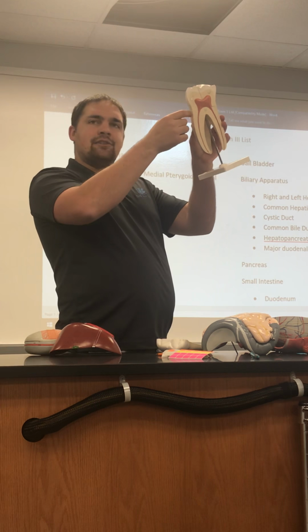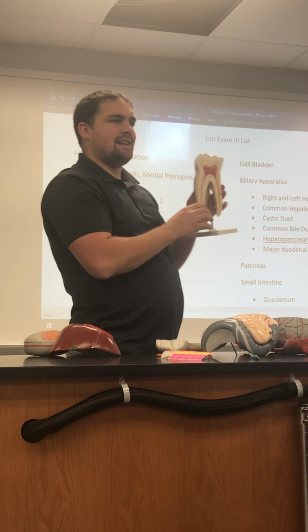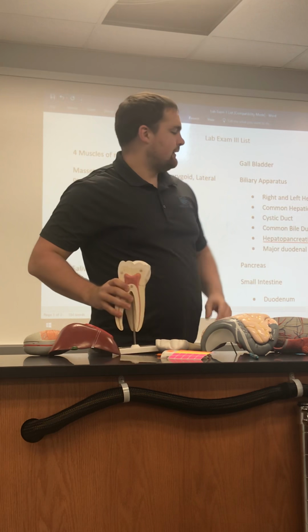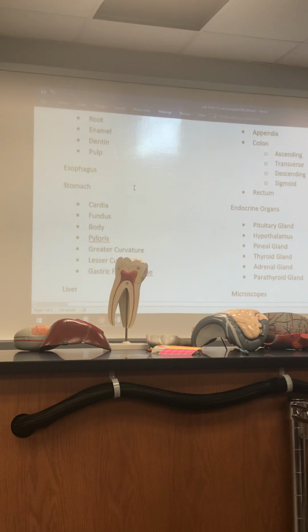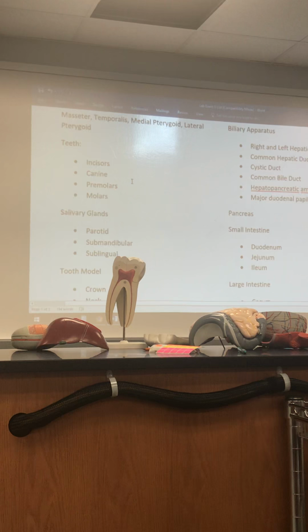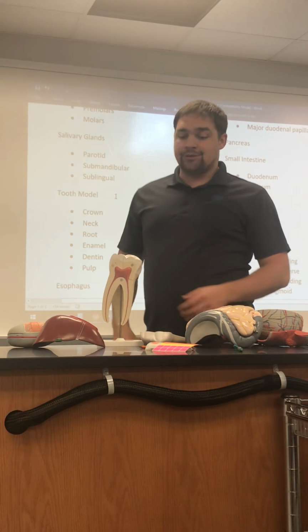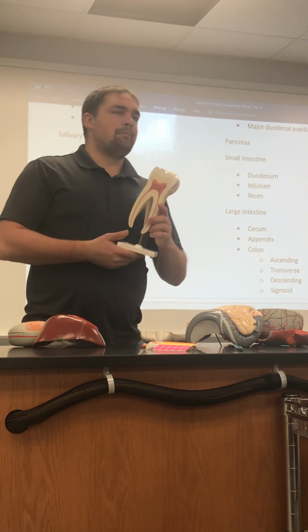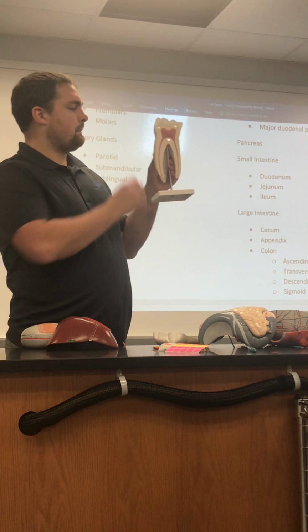Number 5 down here on the neck and root that makes up the outside, that is cementum. I don't know if I have that on the list. Tooth model. There we go. No, don't have that on the list, so add that to your list. 5 is cementum. I'll try to update this and repost it.